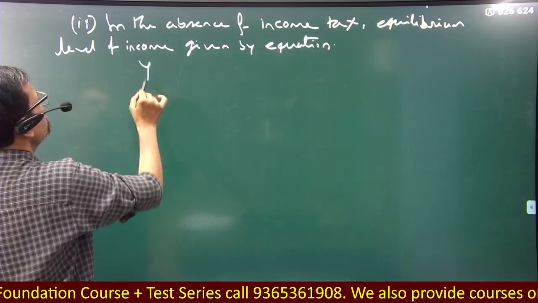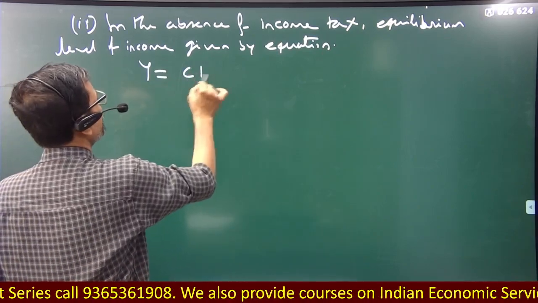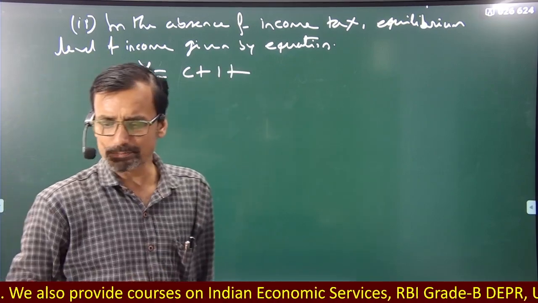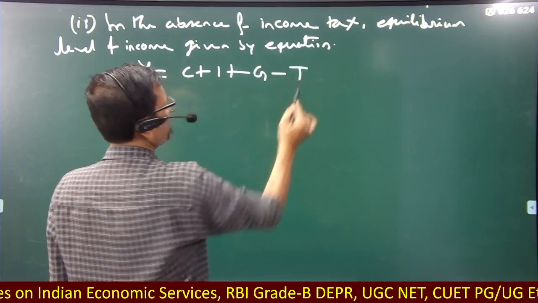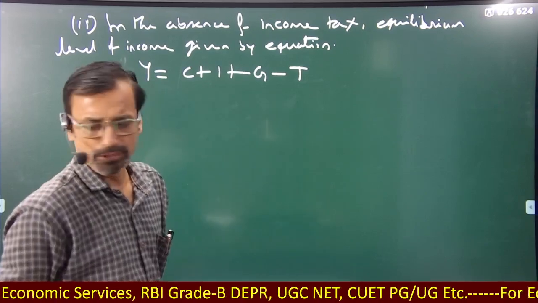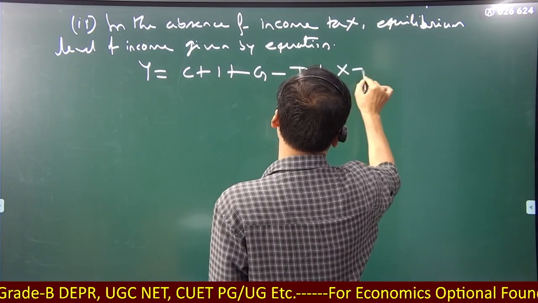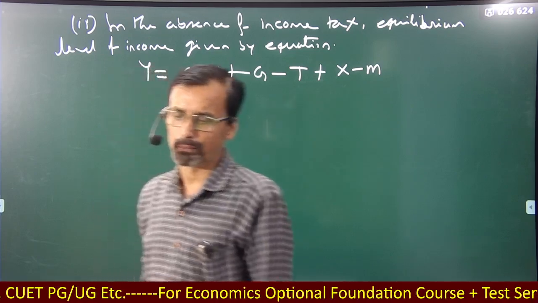So income is equal to C plus investment, next government expenditure. Since autonomous tax is also given, that will be minus T, plus net export, that is export minus import.